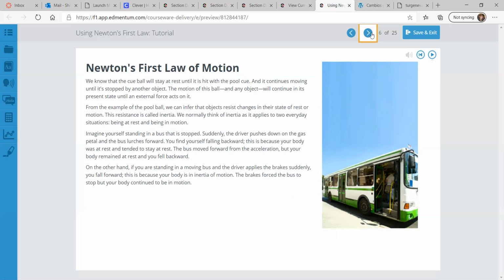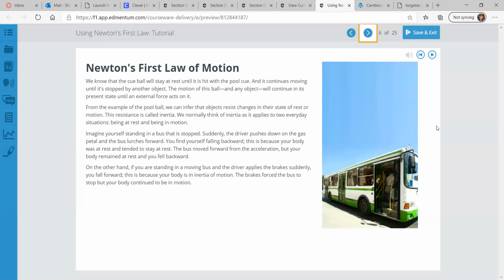Imagine yourself standing in a bus that is stopped. Suddenly, the driver pushes down on the gas pedal and the bus lurches forward. So you find yourself falling backward. This is because your body was at rest and your body wanted to stay at rest. When the bus moved forward from the acceleration, your body remained at rest, and then you fell backward.